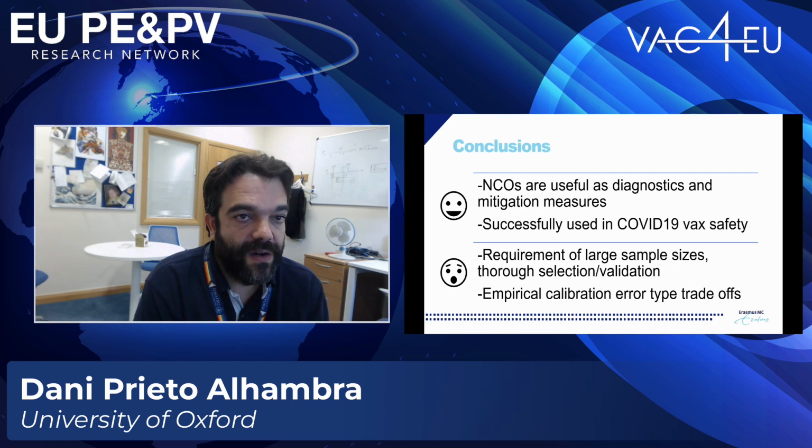We used them successfully in COVID vaccine safety research, and the negatives are they require large sample sizes, thorough work on selection and validation, and as I said, empirical calibration will lead to a trade-off between types of error that you're happy to commit to. And I will finish there, and we'll be very happy to take questions or to stay for the discussion later.